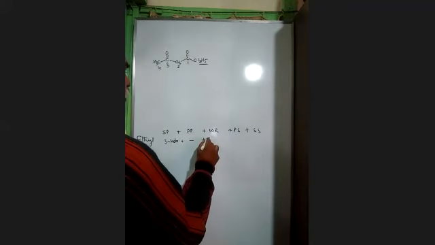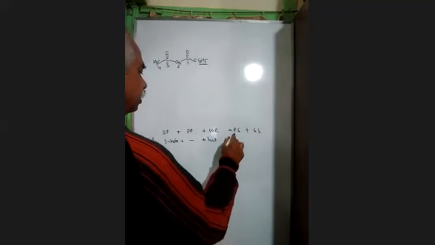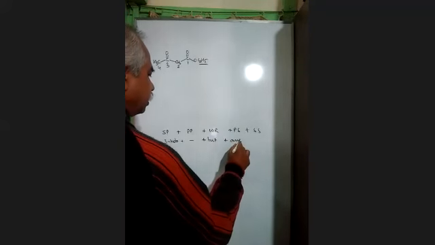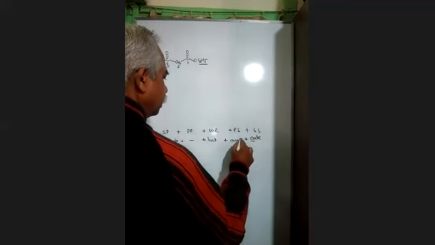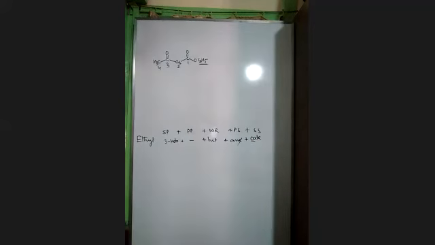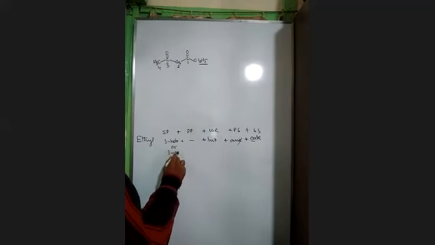So what should I write? Butane. So this will be the name: ethyl 3-keto, or you can write here 3-oxo.